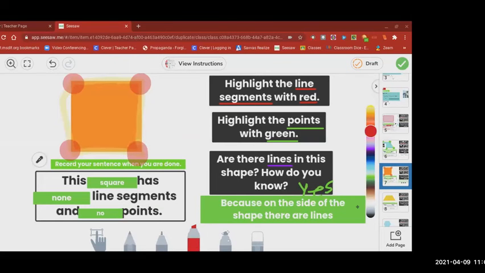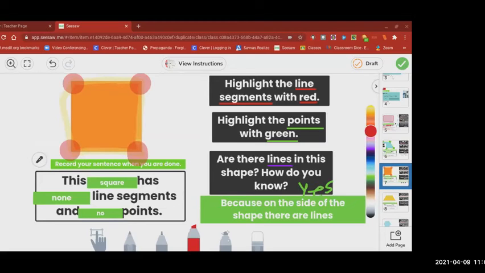And who can read us their sentence? This blank has blank line segments and blank points. Q, let's hear from you, sir. Share your screen with us and read us that sentence there. So they're saying, is there any lines on the square right here?